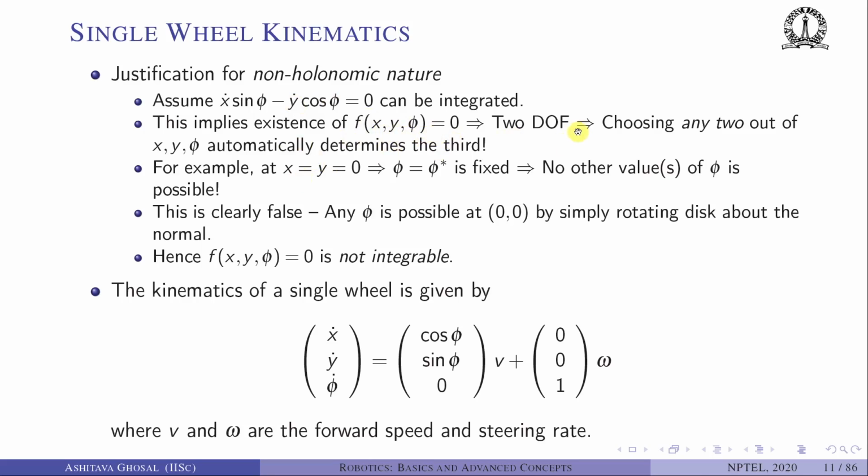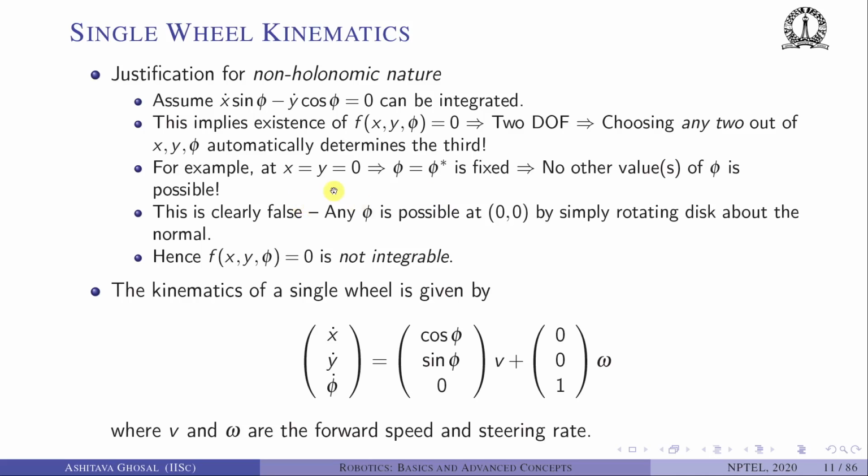It is 2 degrees of freedom. So choosing any 2 out of x, y and phi automatically determines the third because of this function. If I choose x and y, phi will be automatically determined. So phi will be equal to phi star, which is fixed.